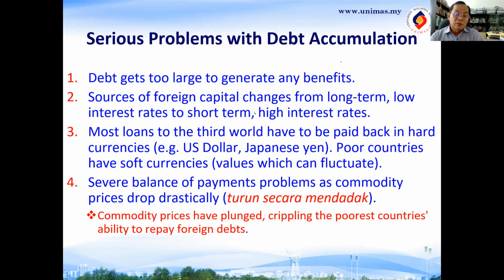So there is a severe balance of payments problem as commodity prices also drop drastically. That also contributes to the balance of payments problem. So commodity prices plunge, which cripples the poorest countries' ability to pay the foreign debt. Because if the price of the commodities that are exported falls, then the value of the currency earned from those exports will also become small.